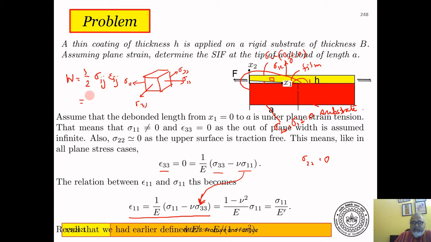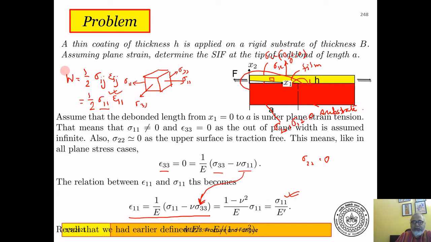In this case, it will be just half sigma 1 1 epsilon 1 1, because sigma 2 2 is 0, sigma 3 3 is not 0, but epsilon 3 3 is 0. So the only term that we are left with is this, and the relation between sigma 1 1 and epsilon 1 1 is given here. So we'll plug this back into this.